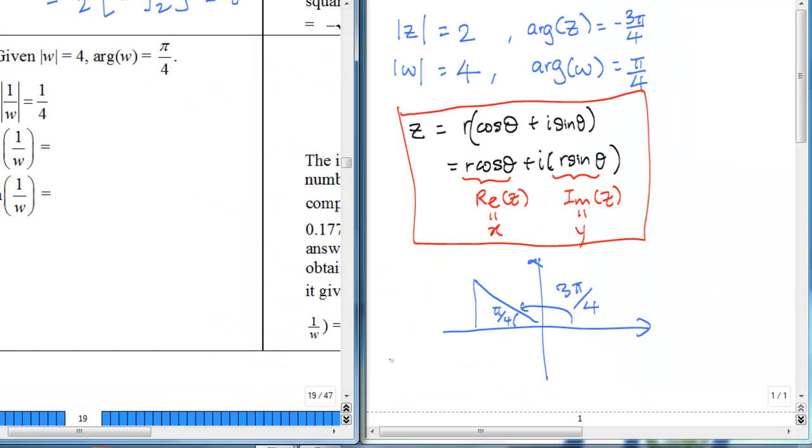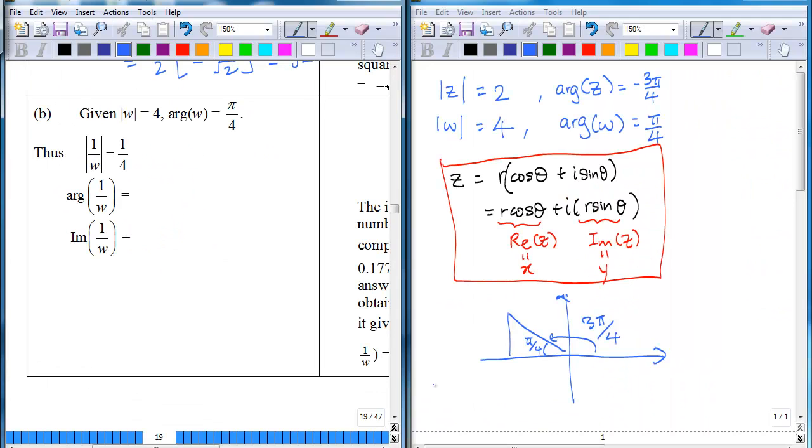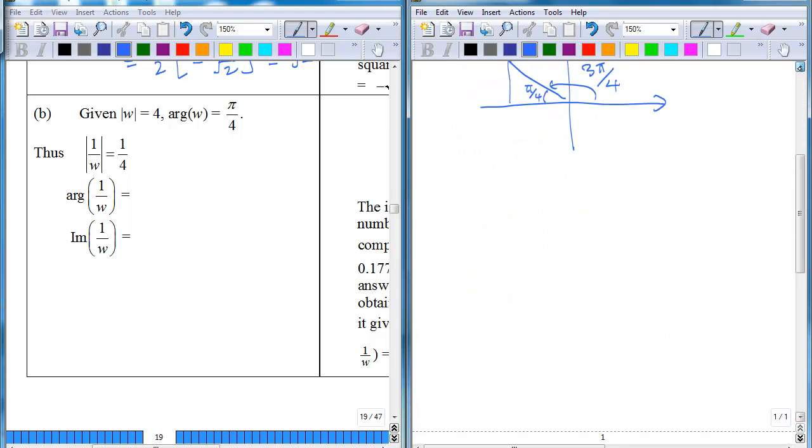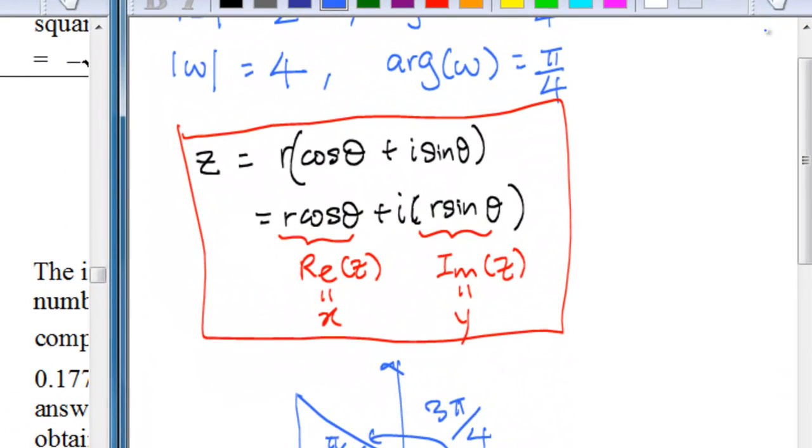In example 17b, we are asked to find the imaginary part of 1 over w. For this portion, we need to work out the imaginary part of the complex number, so we need r sin theta.